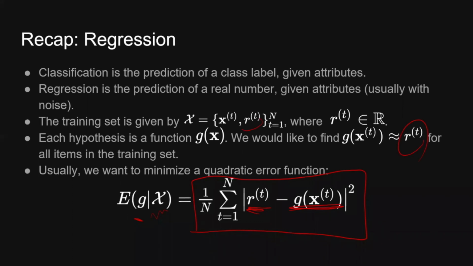Those are the values that we already know from the training data set. I want those two to be as close as possible. As a measure of the error, I'm going to take the square of the difference, and then take the average of that difference across all data samples. So that was a brief recap of how we, in general, formulate a regression problem.